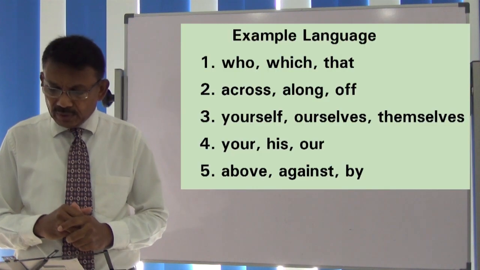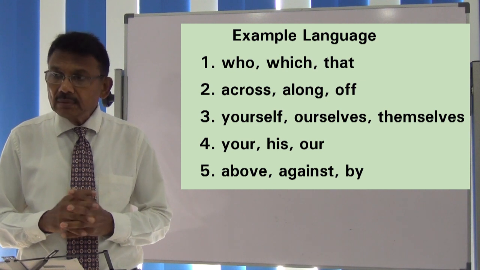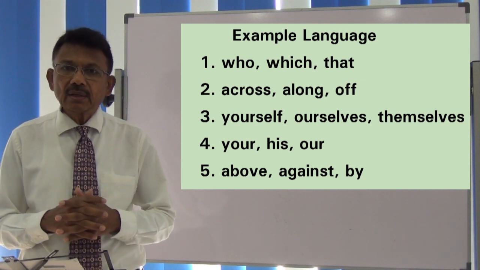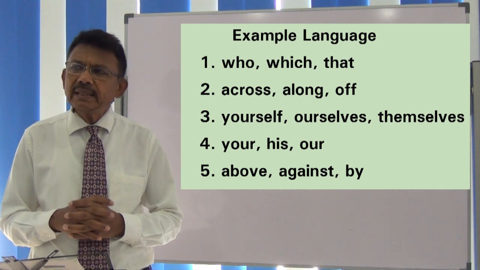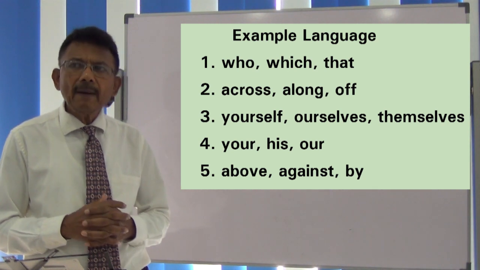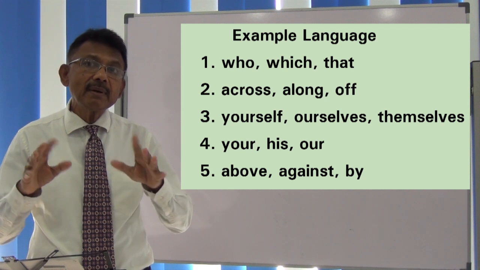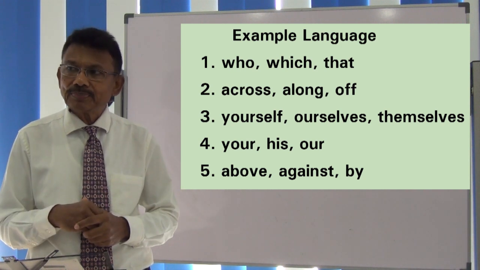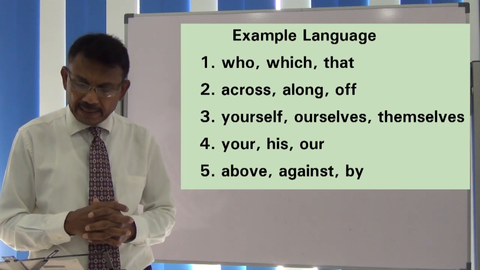Example language, question number 2: across, along, off. You all know that these words are prepositions. But everybody knows that there are a number of different prepositions, depending on the situation they are used in, right?